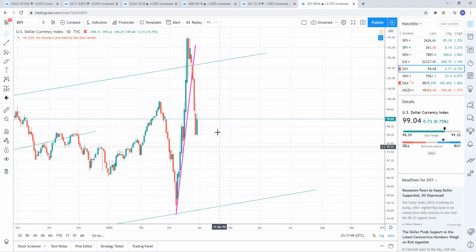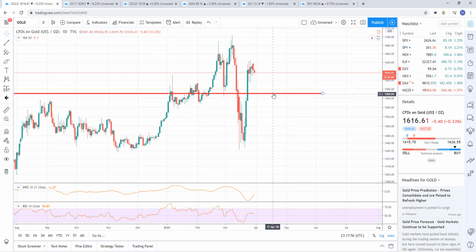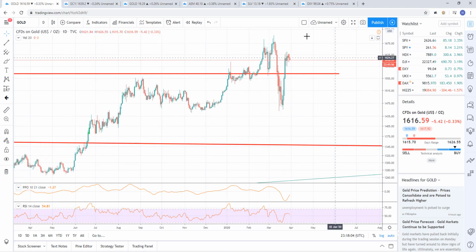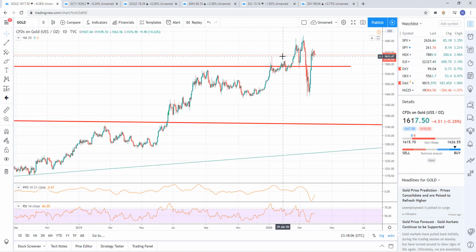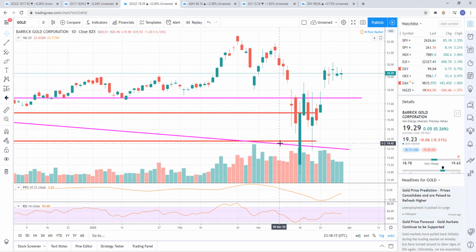In the big picture, it's not a huge breakdown. So we want to see this continue to weaken, but gold is continuing to rally, still holding. So again, gold could come down and tag this 1570 again. It's support. So as long as we hold that, it should start to move higher. So that's how I'm treating the gold bullion. Let's look at Barrick Gold, which is, I think, the number 2 largest gold miner.